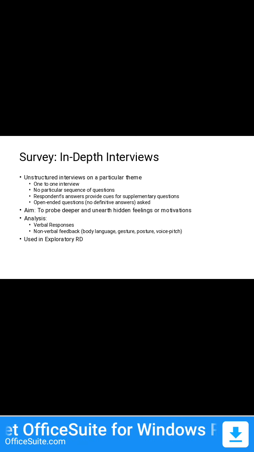Generally, it is used in exploratory research design. I've told you in-depth interviews are really going to be time consuming. They may take maybe 1 hour, and you need an expert interviewer also, because not only do you have to keep on posing supplementary questions, but also, and it is very important, you have to make an assessment of what the respondent is saying, not only based on his verbal response but also based on his body language, gesture and posture.